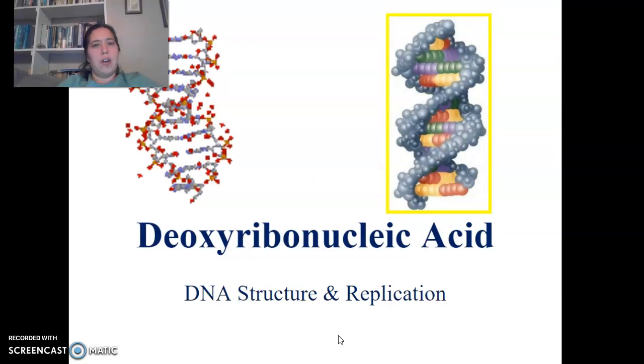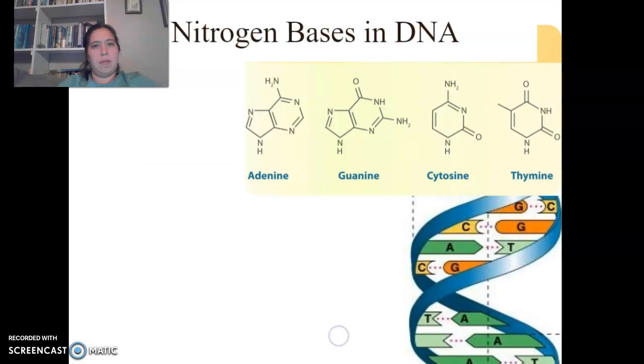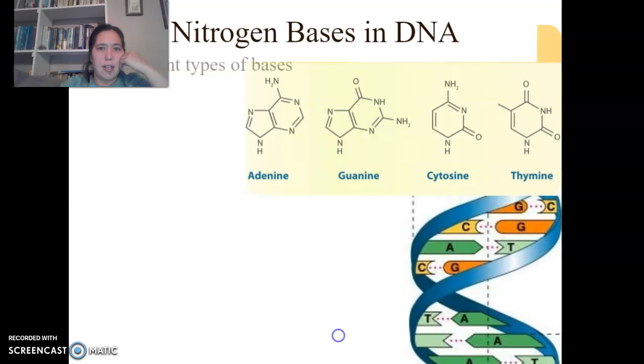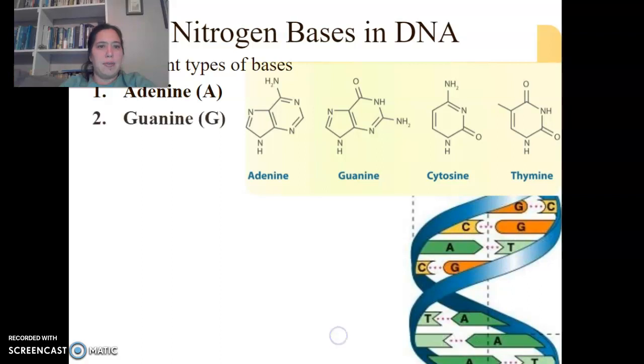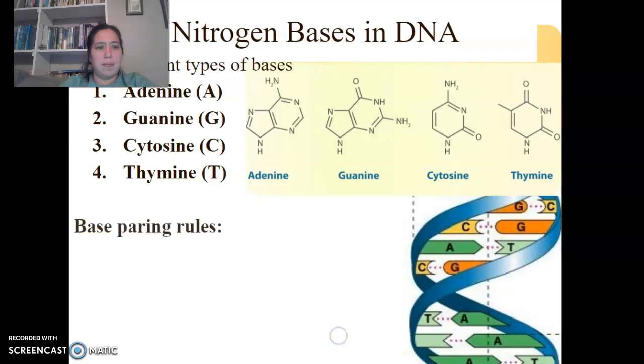All right, the structure of DNA. Okay, again, these are the nitrogenous bases that are found in DNA. There are 4 different types of bases: the adenine, guanine, cytosine, and thymine.